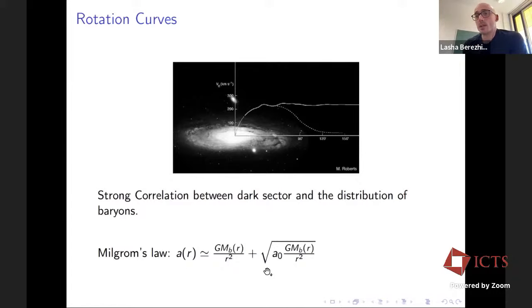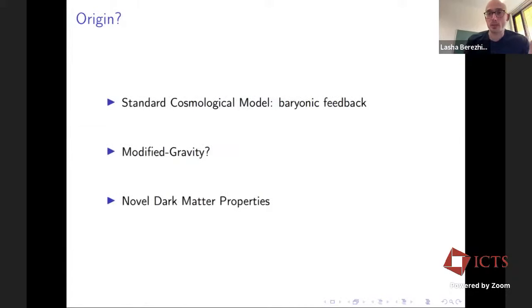However, at lower accelerations, the dark sector behaves in a way that generates acceleration given by this. Okay, and the question is, what is responsible for this, and what is the origin story of this empirical correlation? Because I believe nobody really doubts that there is this empirical relation.